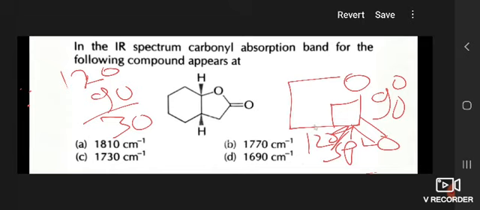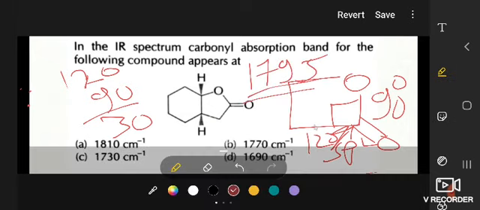If we add 50 to 60 units to 1735 cm⁻¹, the basic frequency for a 6-membered cyclic or acyclic ester, it comes to be near about 1795, or up to 1800 cm⁻¹.